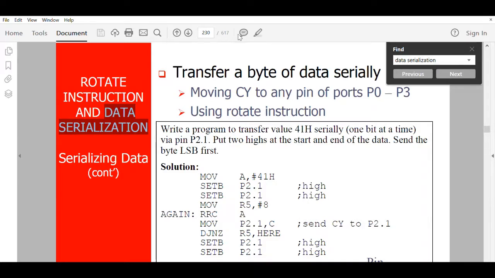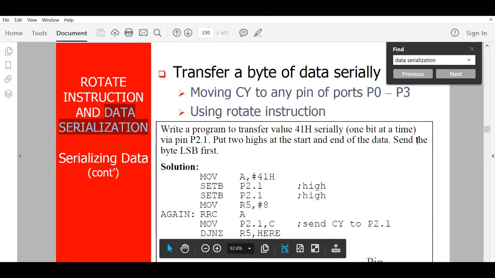Data serialization we had seen in some earlier portions. When we talked about rotation, RRC, RAL, RLC, etc., in that we had dealt with data serialization.